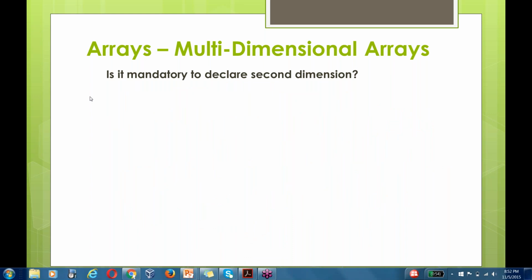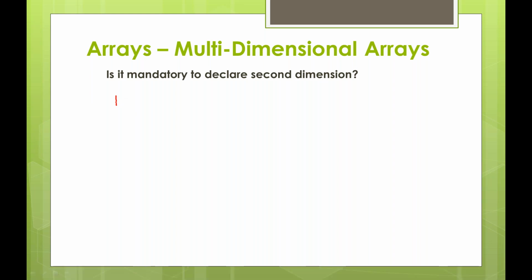My point is, it is not always mandatory to specify both dimensions, the size of the row and column. What we normally do is int i is equal to new int of 3, 5.